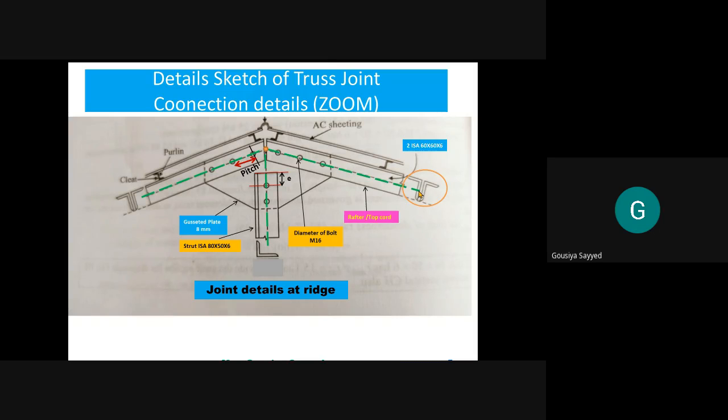Here on the rafter or top chord, we have to use double angle section, and similarly for the tension member or tie member you have to use double angle sections, and for vertical strut and sling you have to use single angle section. So in that detailing you have to show the cross section of angles also.